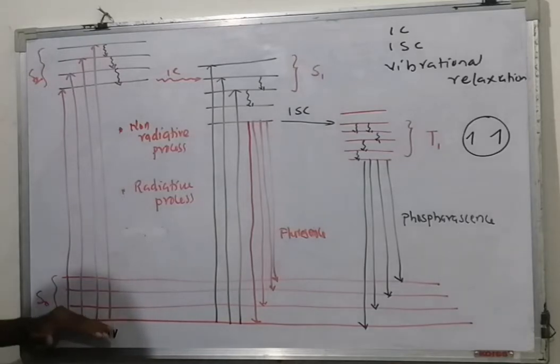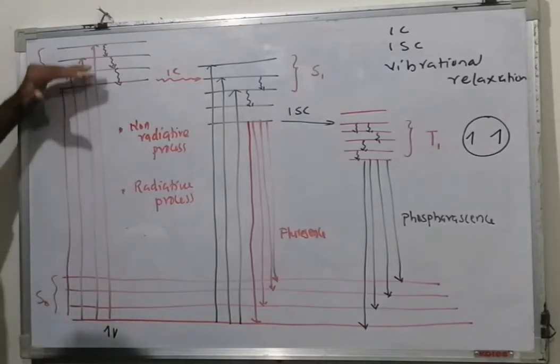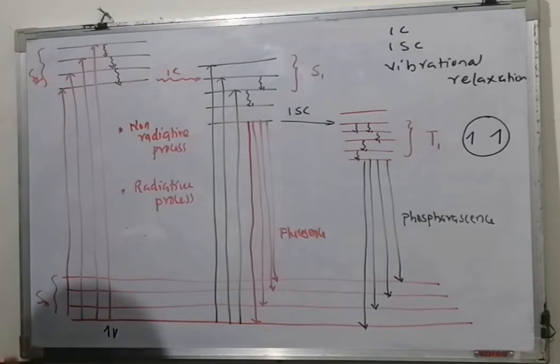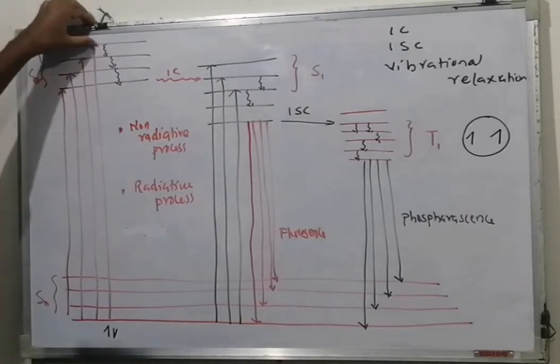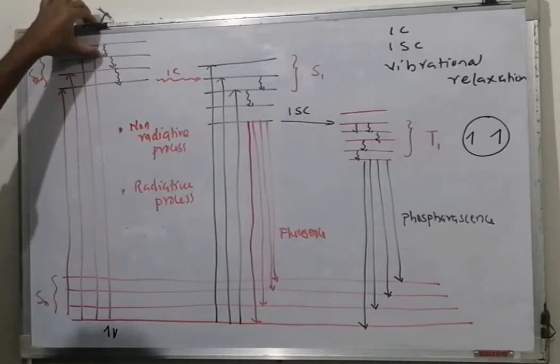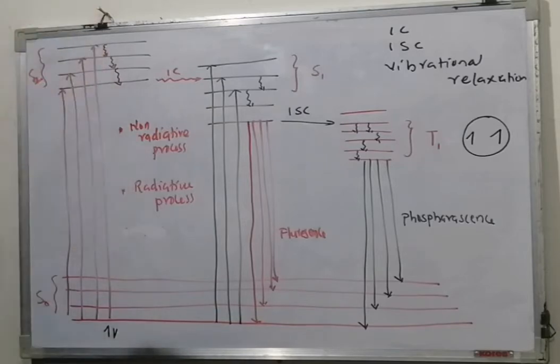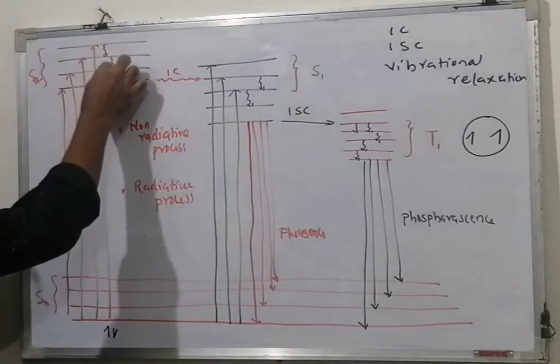Normally the excitation begins from the ground vibrational level of the ground electronic level, that is the lowest energy state. From that, it goes to any vibrational level of a given electronic level. Suppose a molecule reaches the highest vibrational level, it goes to the lowest vibrational level within the state. This arrow shows that.